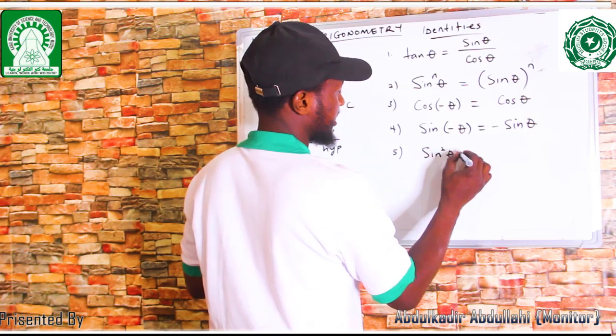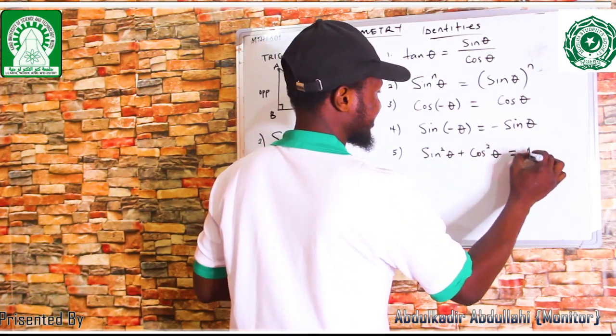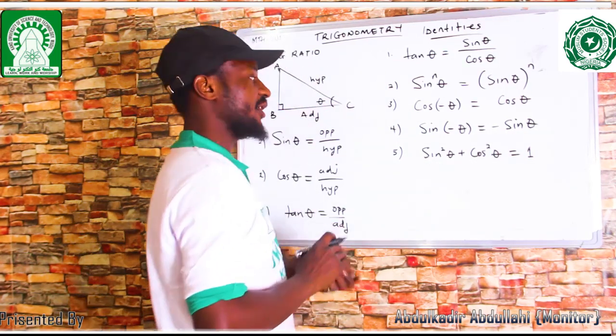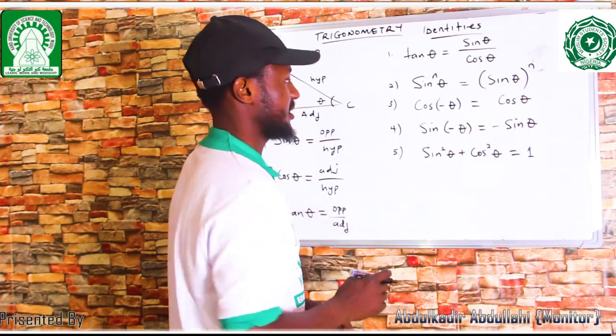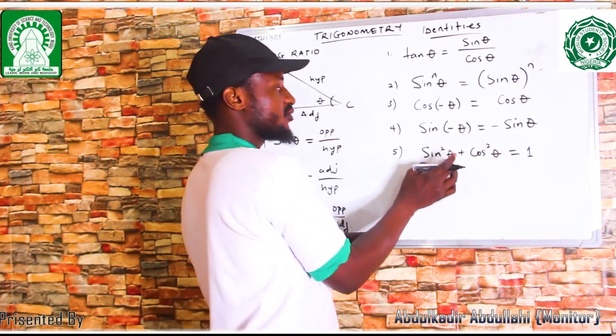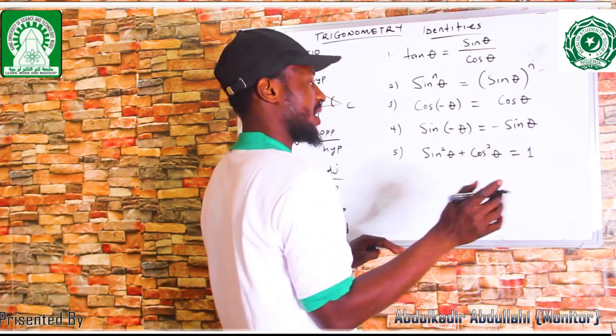Sine square theta plus cos square theta is equal to 1. This identity is very important. Whenever you have sine square theta plus cos square theta, it's the same thing as 1.